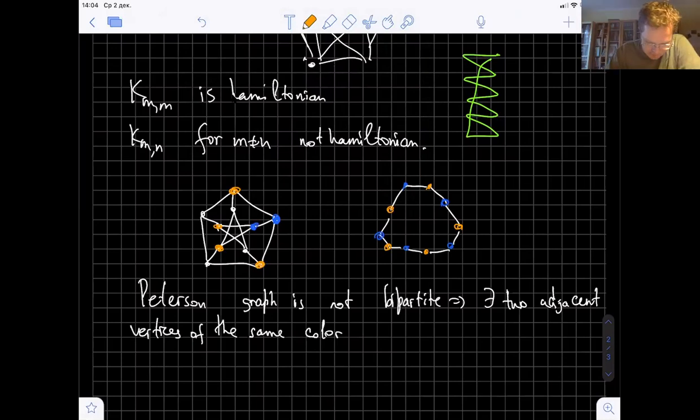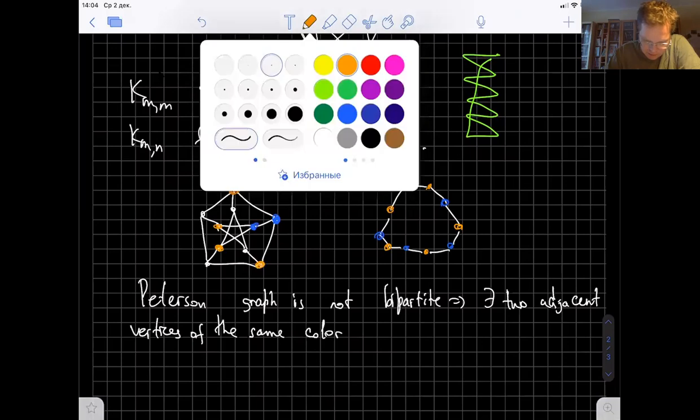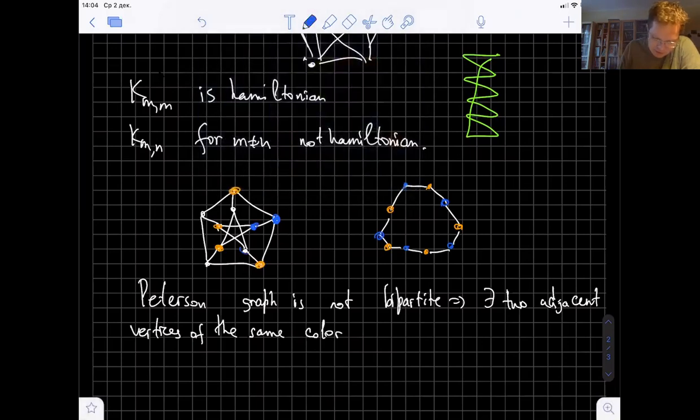And again, if you look at these vertices, all of these neighbors are blue, so it should be orange. And all of these neighbors are orange, then it should be blue.